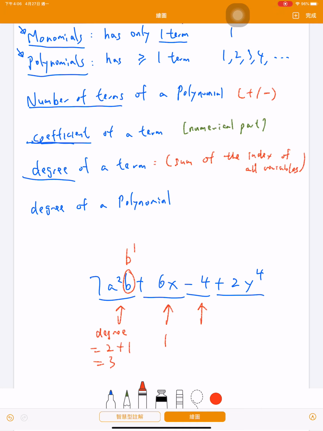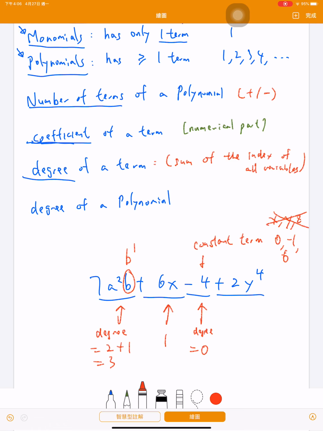We will call this one a constant term. A constant term means the term without any x, y, z or a, b, c, just the number. For example, 0, negative 1, or 6. Then the degree, because it does not have any variable, is 0.